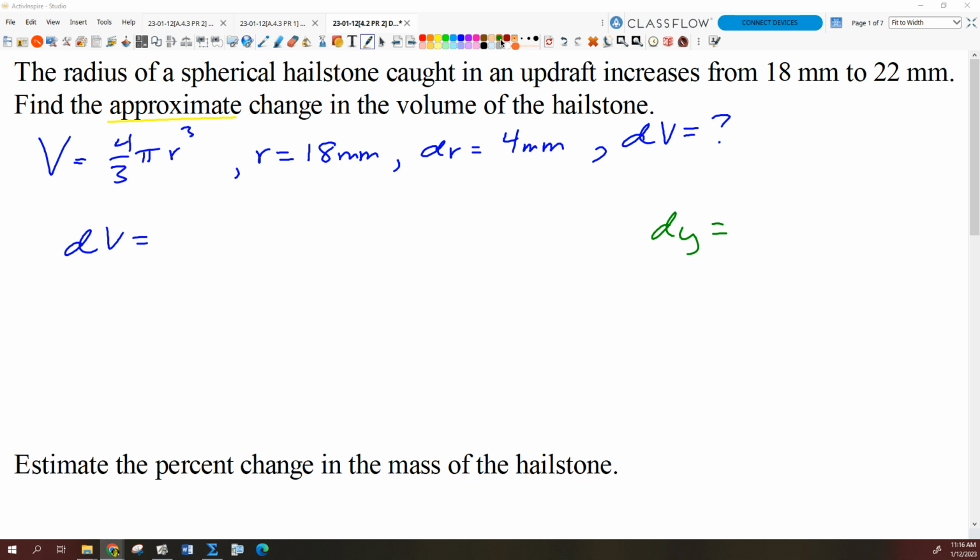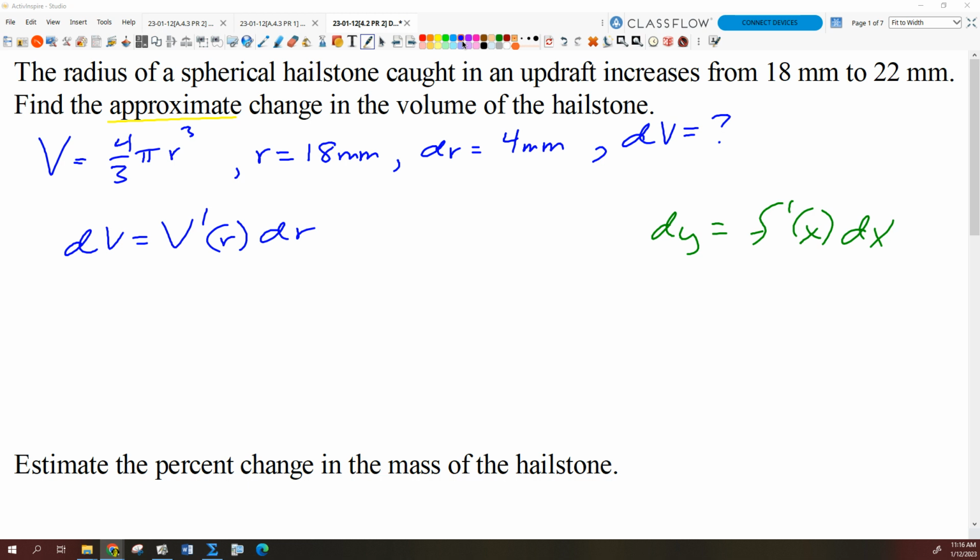It's just the differential form of a derivative, right? So what is dV here? V prime of r times dr, right?